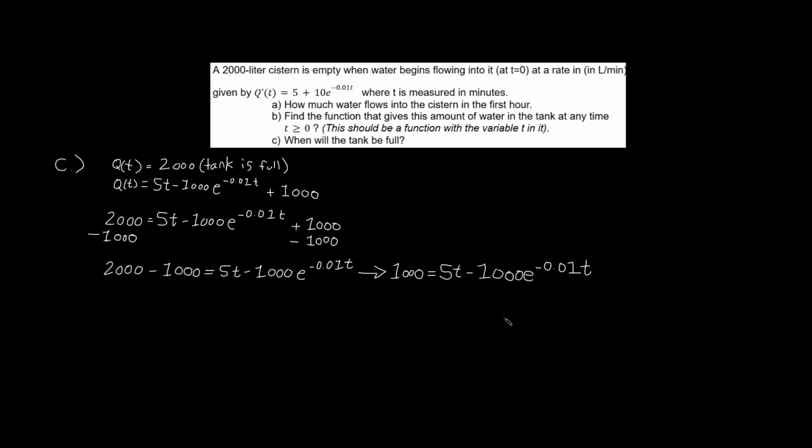All right, so let's check this out. What we should do is subtract 1,000 from both sides because we want to start isolating the terms with t. We'll rearrange to isolate the linear term, which is 5t. We'll add 1,000 times Euler's number raised to the power of negative 0.01 times t to both sides.